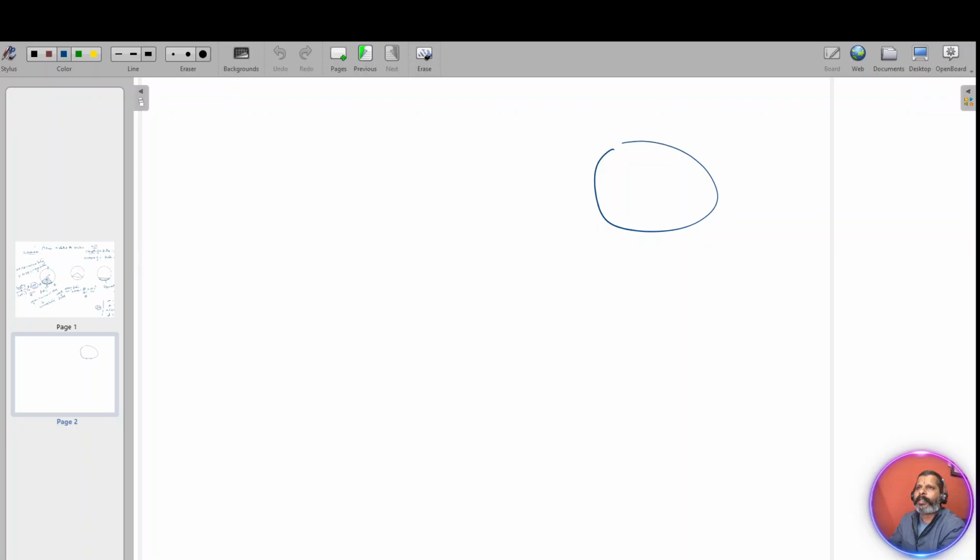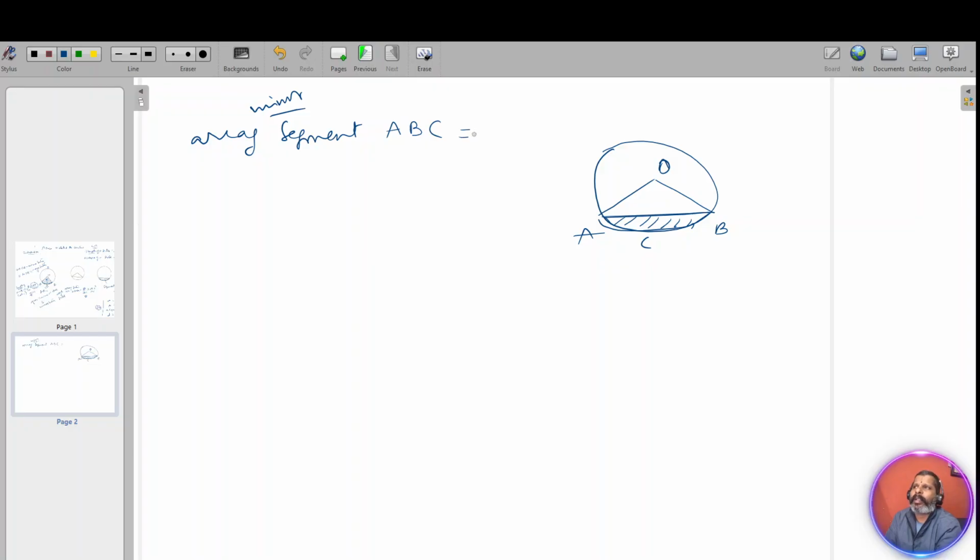For example, if this is a circle and this is a sector and this is a chord, this is a segment. O A B C. So if they ask area of segment, what is the segment here? Minor segment here, right? ACB, that is ABC. Segment is nothing but area between the chord and the arc. So area of minor segment ABC is what?